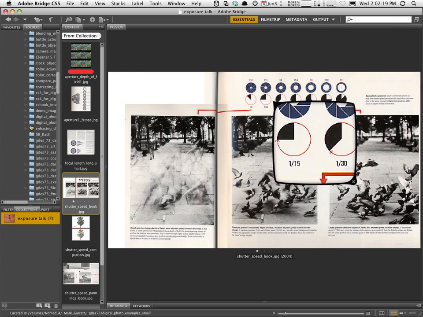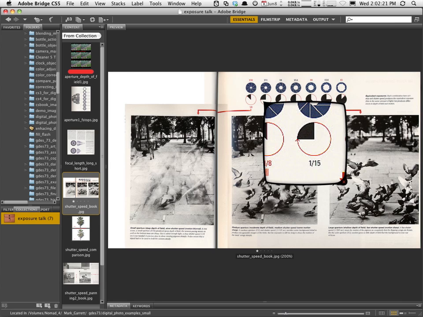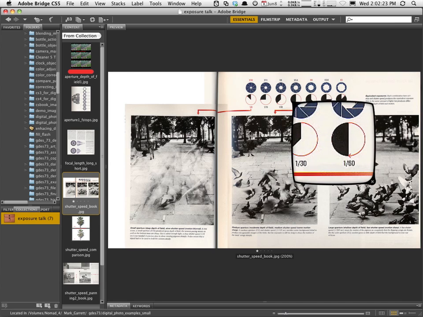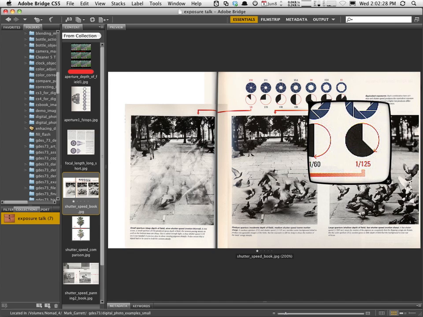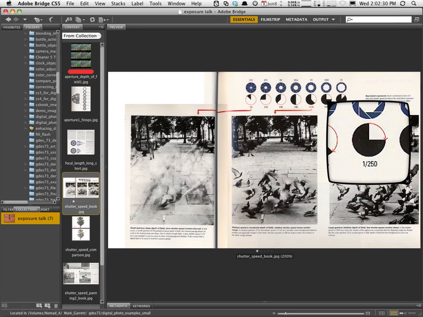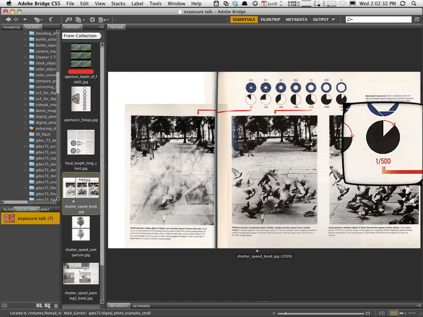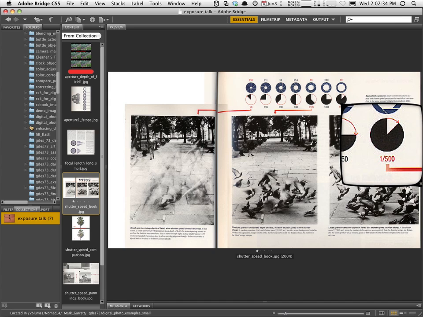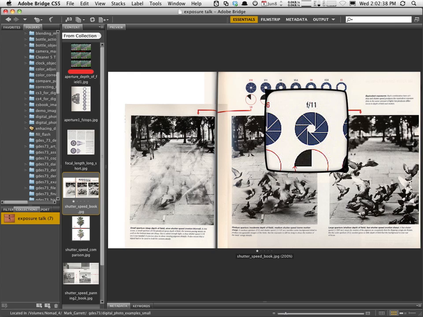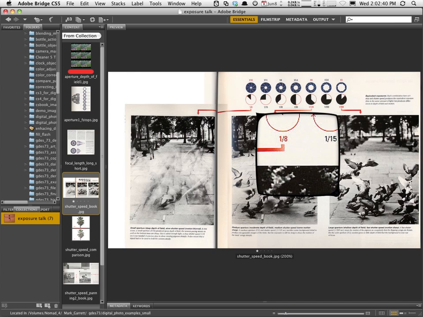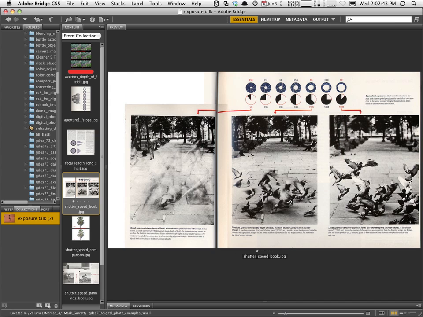So here we have 1/8, 1/15, about half as long, 1/30th, half as long of that, 1/60th is half as long as that, 1/125th is half, about 250, 500, and so on. So they're all kind of equal, double or half of the one next to them, just like the apertures are double or half of the one next to them. So all these exposures for this scene are correct.